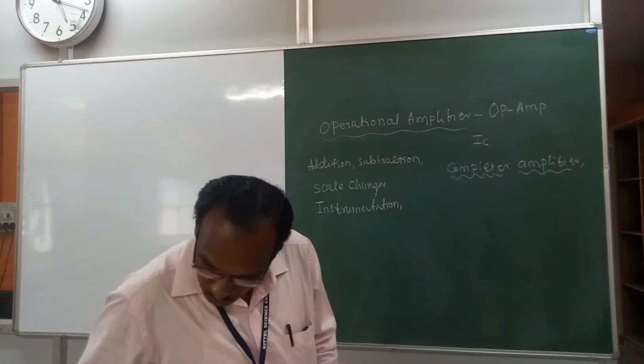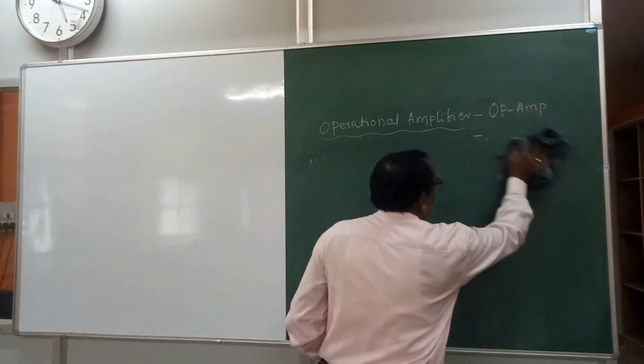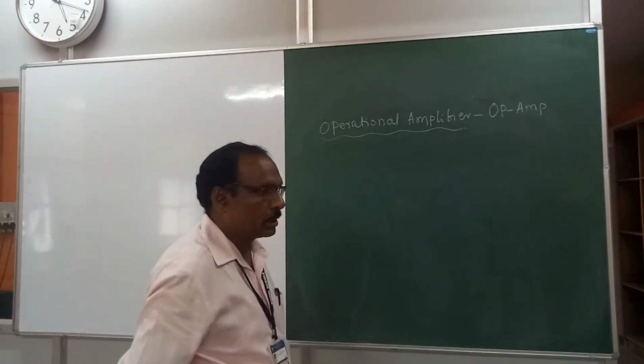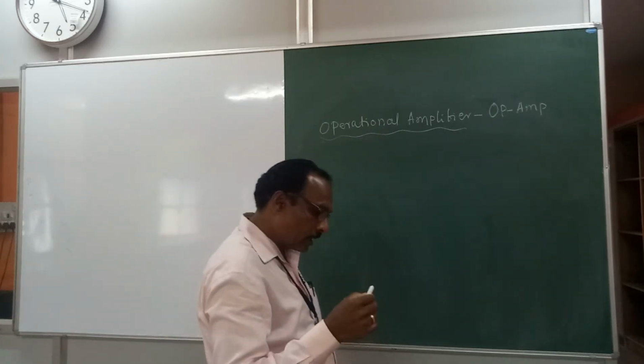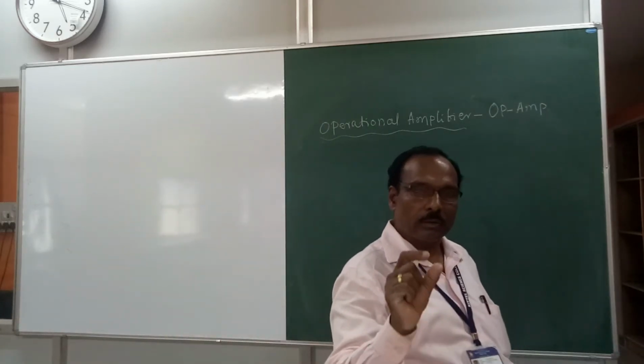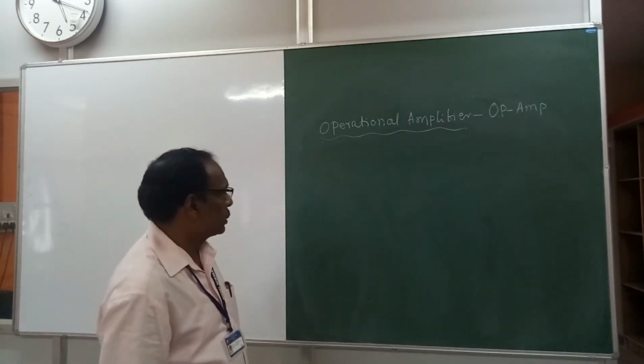These operational amplifiers come in different packages. It is a dual package or a single package. Earlier it was available in a metal package. Nowadays they come in a plastic molded package.